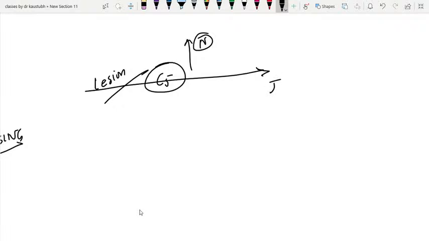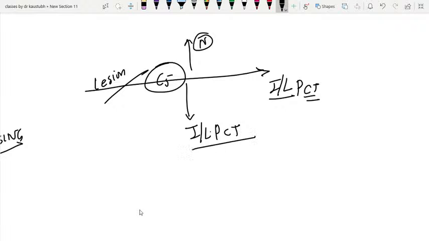Ipsilateral, same side, posterior column tract involvement, that is, on the same side there will be loss of vibration and proprioception. What will happen below? There will be the same ipsilateral PCT, that is, ipsilateral loss of proprioception and vibration. Why? Because your posterior column tract is not crossing till the level of medulla.